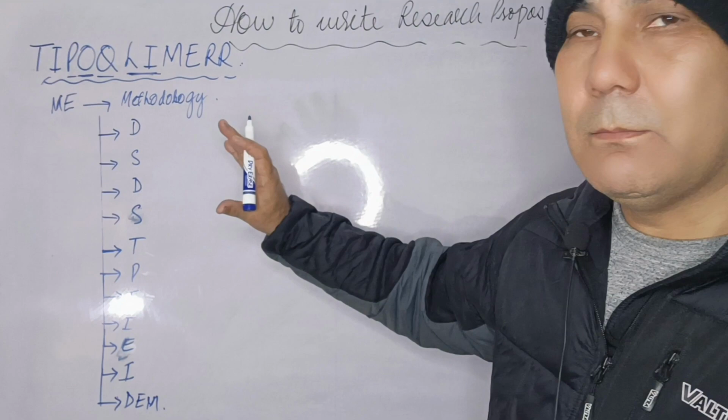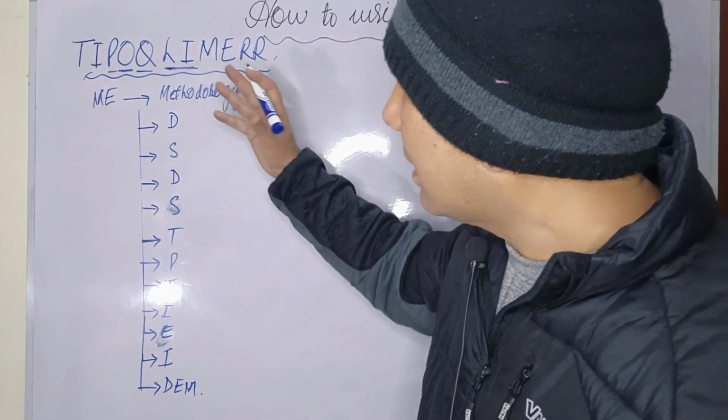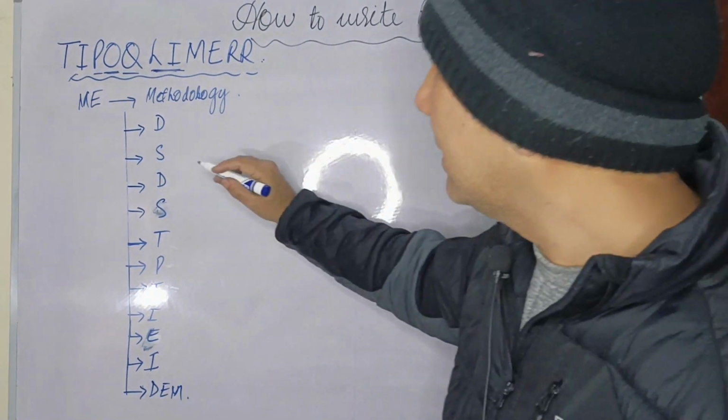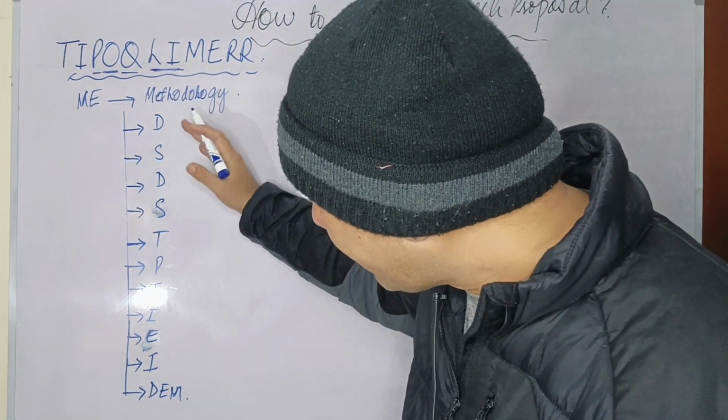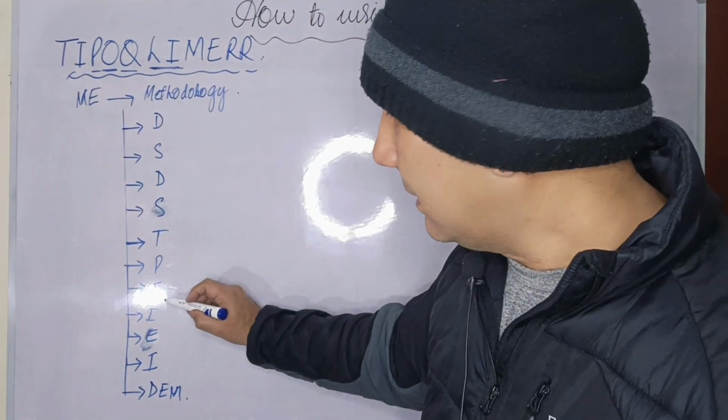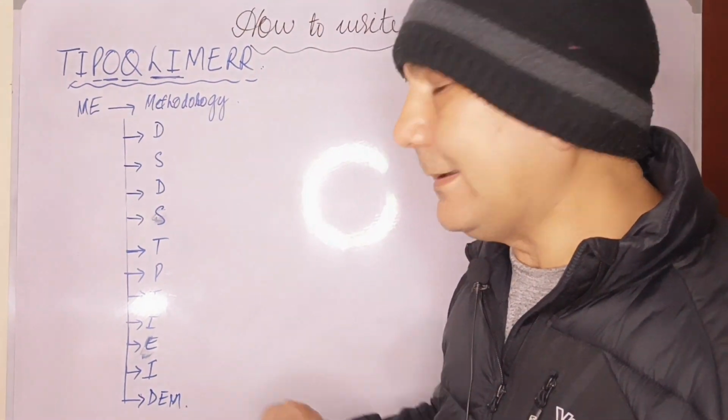Now keep in mind what you will write down in the methodology portion of your research proposal. You should go through the sequence: DS, TPT, TPT, EIE, and DEM.